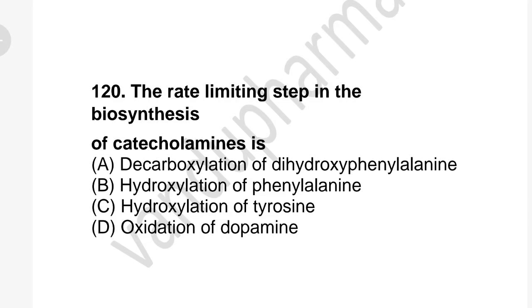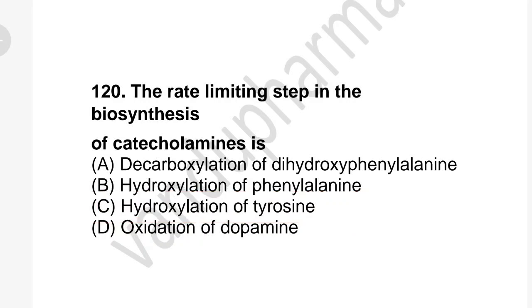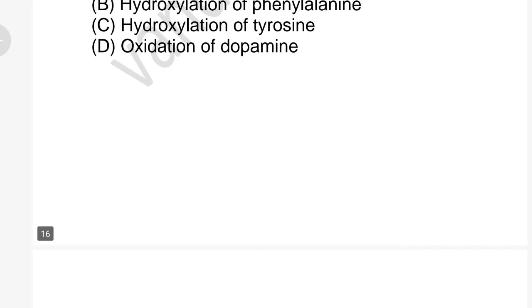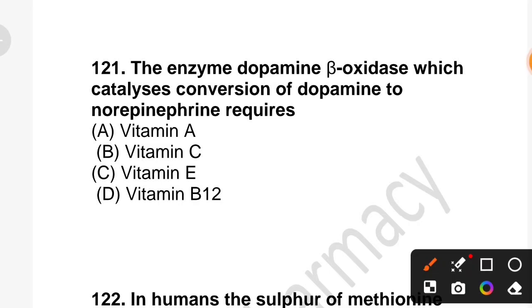Right answer is option C. The enzyme dopamine beta oxidase, which catalyzes conversion of dopamine to norepinephrine, requires option A vitamin A, option B vitamin C, option C vitamin E, option D vitamin B12. Right answer is option B vitamin C.